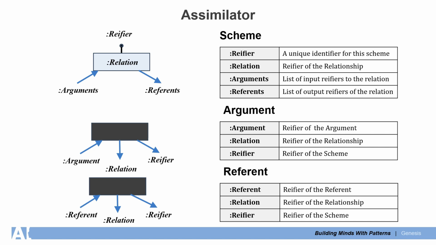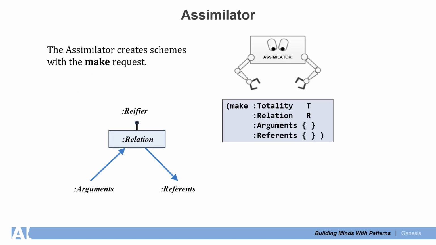The argument has a reifier for the argument, a relation reifier, and a reifier of the scheme. The referent has a reifier for the referent, a relationship reifier, and a reifier of the scheme. The assimilator creates schemes with the make request.